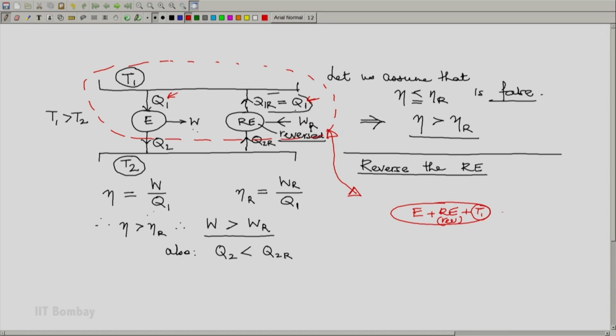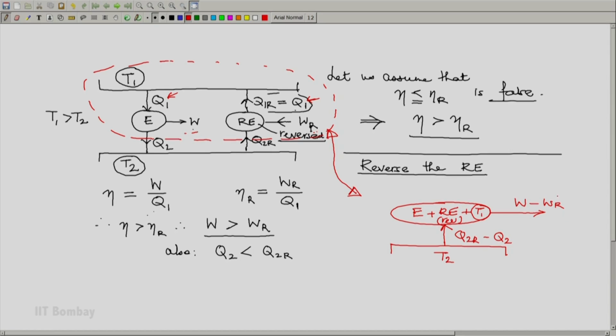First, it produces work which is a combination of the work done by the engine and the work absorbed WR by the reversible engine. So, it produces work which is equal to W minus WR. It absorbs heat from the low temperature reservoir at T2, and the amount of heat absorbed is Q2R from the reversible engine minus the one rejected by engine E, Q2. So, the heat absorbed will be Q2R minus Q2.